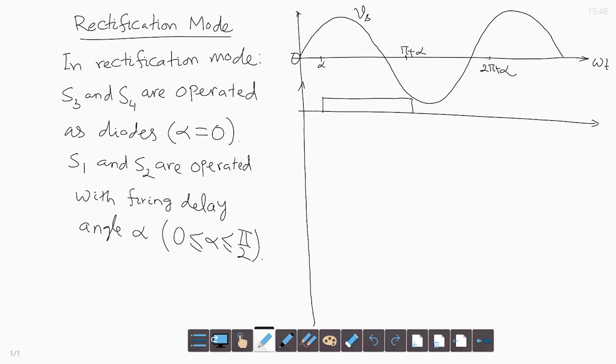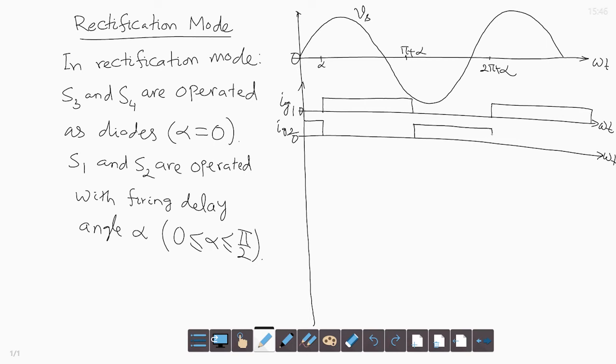From alpha to pi plus alpha, this is Ig1, the control signal for S1. Next we draw Ig2, which is the complement of Ig1. When Ig1 is high, Ig2 is 0, and when Ig1 is 0, Ig2 is 1. Then we draw Ig3, the control signal for switch S3.